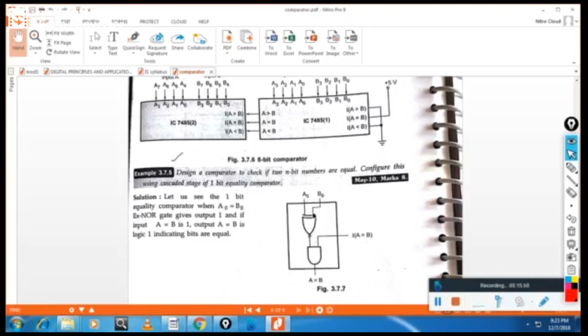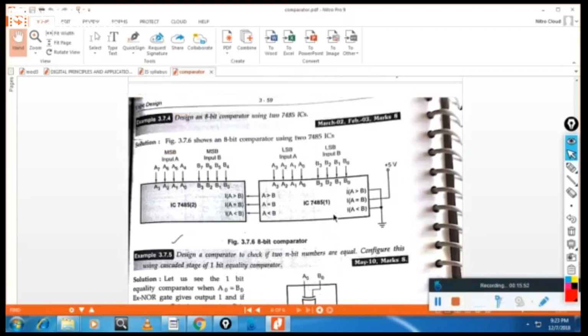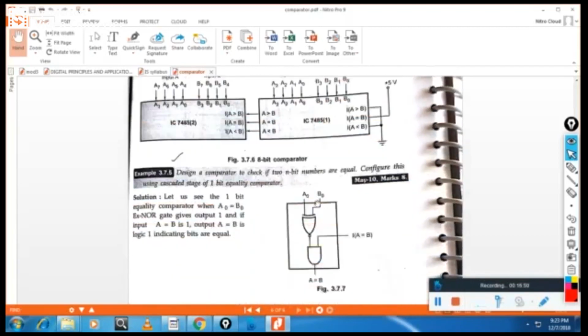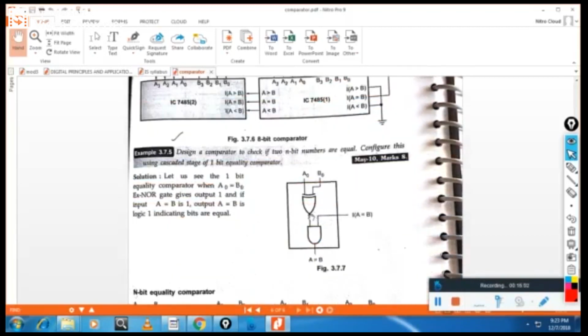If you take 2 bits, you can see in the above circuit diagram, if the two bits are equal, we get the output when you give the inputs A and B. That is nothing but the exclusive NOR gate output, which I will pass through an AND gate, and the other input to the AND gate is the equality check from the previous stage, that is, whether the output is equal or not. This one is the other input.